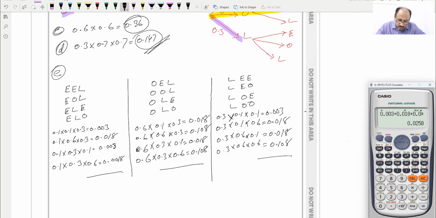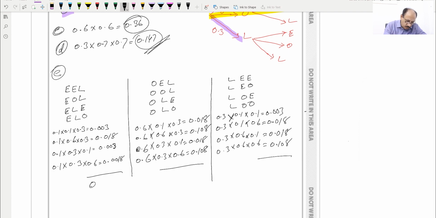I think we have made some mistake. I will check again. This should be 10, this one. And this is resulting to 0.042.